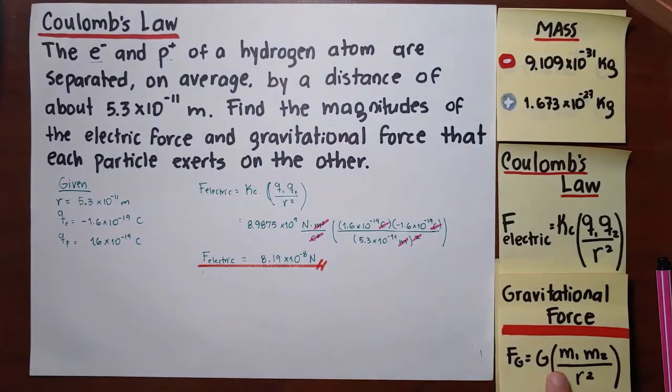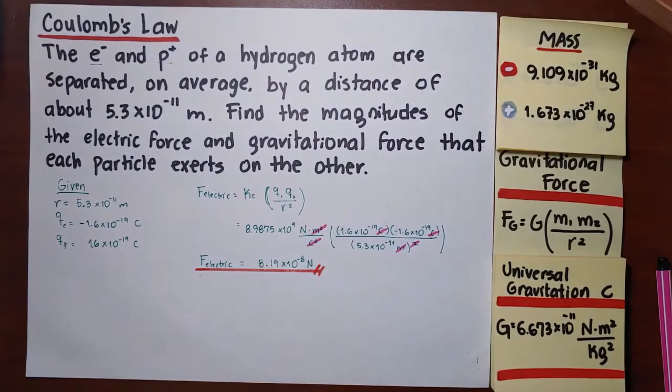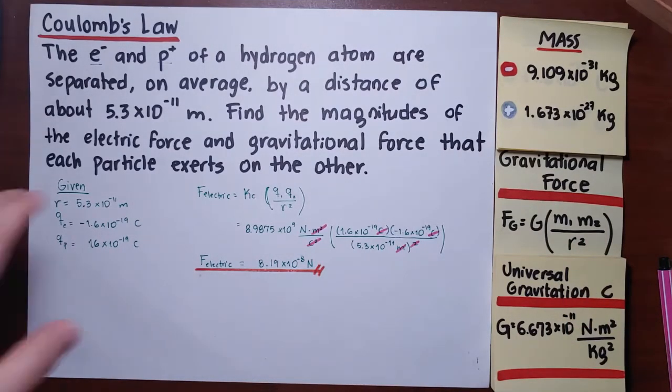So, here is the formula to calculate the gravitational force. Universal constant, mass of object 1, mass of object 2, and distance between those masses. So for this gravitational force, we're going to need the equation, but also the masses of the two particles that we are talking about, electrons and protons.